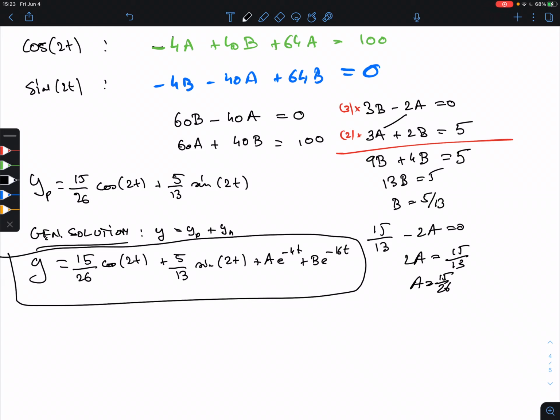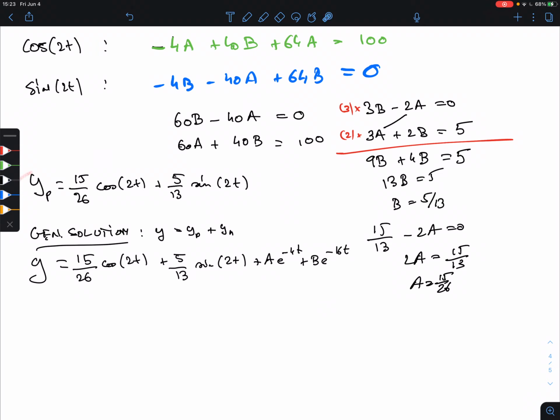Okay. So you might also ask, what does this now look like? So there are two parts here. This function, of course, has this particular solution. And what is this particular solution? This particular solution is exactly what we have seen before.